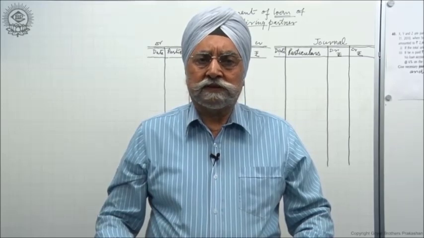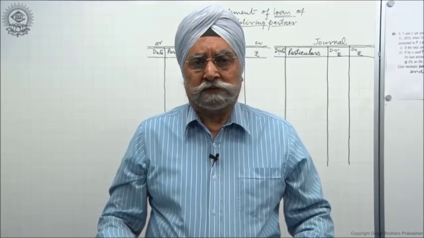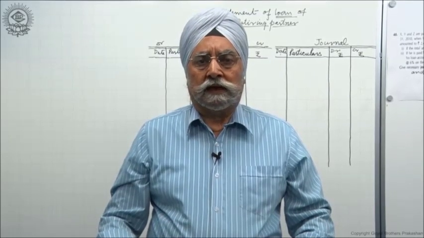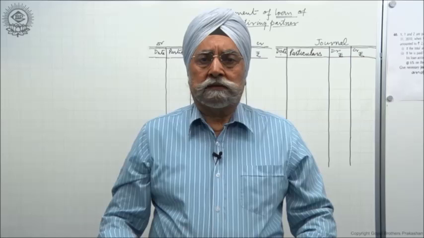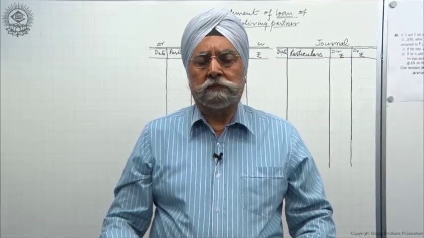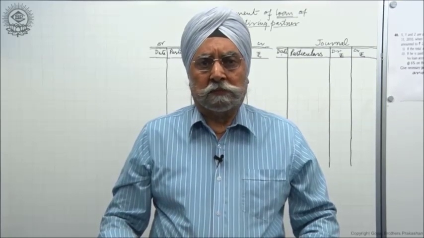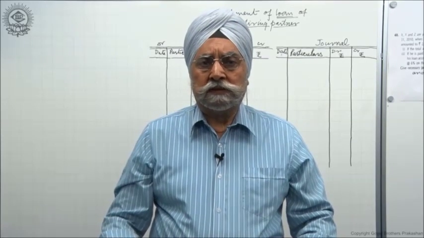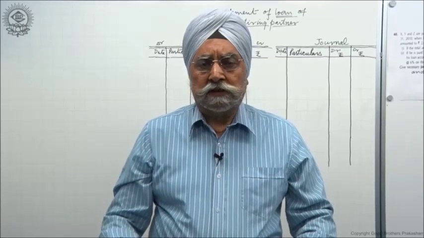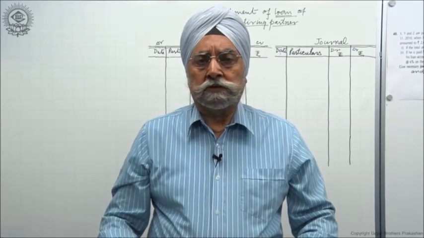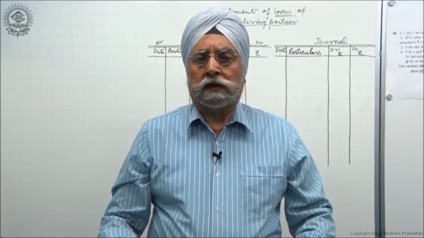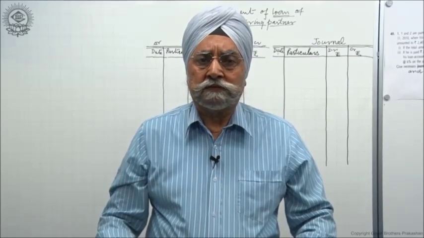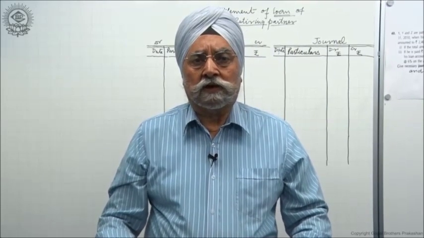I am discussing with you retirement of a partner. When a partner retires, the total amount due to him is calculated by adding profit on revaluation and deducting loss on revaluation, by adding to his account the amount due to him for goodwill, and by adding any general reserve or any undistributed profit which is lying there or any other amount due to him.